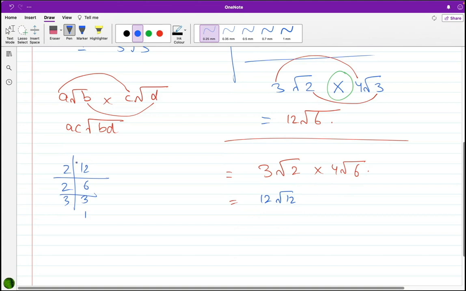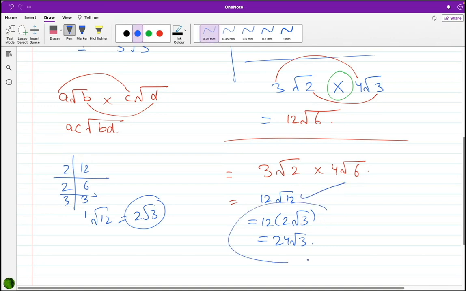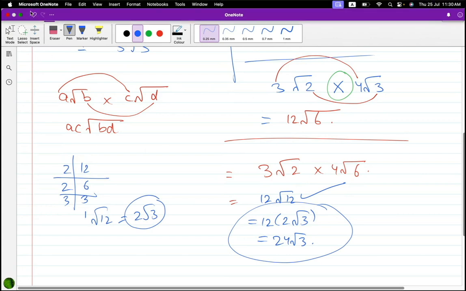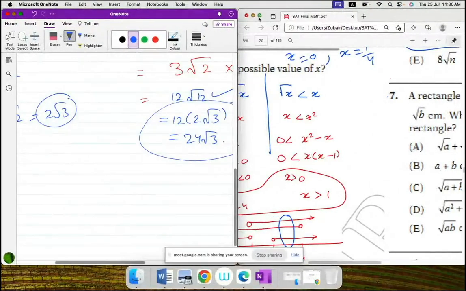So I can write root 12 as 2 root 3. So further simplifying, the final answer would be 24 root 3. Got it? Your concept is clear. That's good. And obviously, when you have an exact question, you would know that you have to simplify it further. So multiplication, addition, and the same goes with subtraction and division.